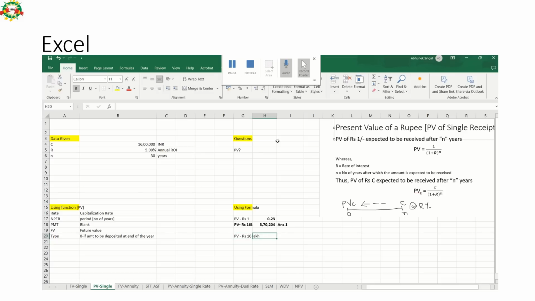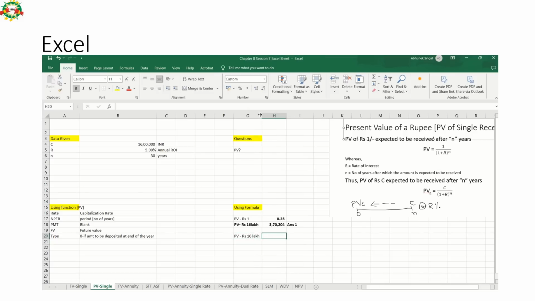So with the help of the formula, this formula, so here, what is C?